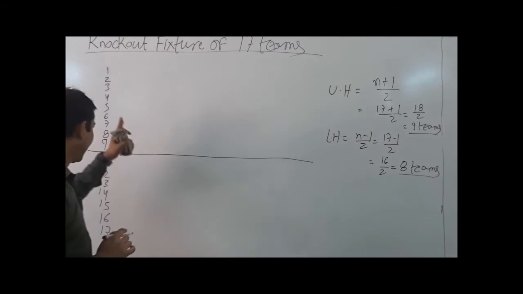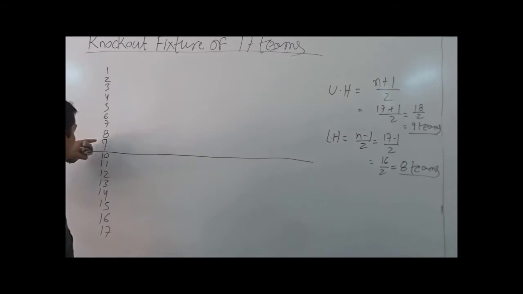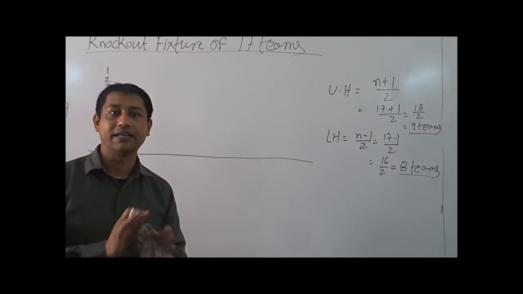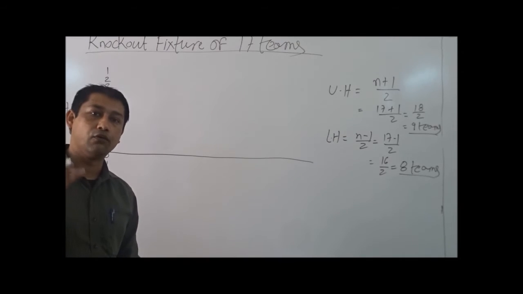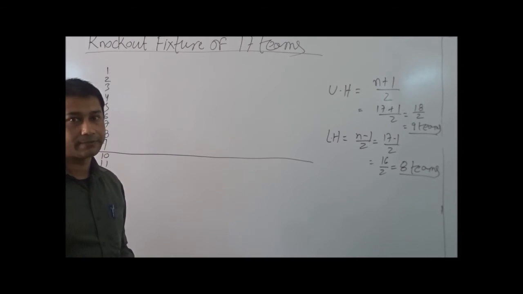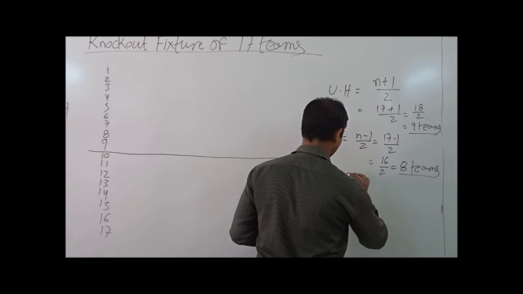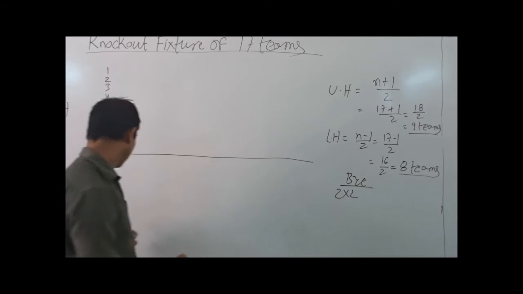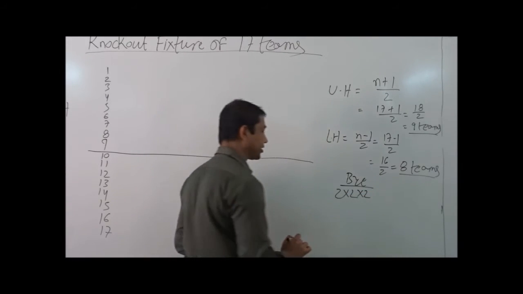Now we need to see whether the teams are paired or not. As we can see in upper half, 9 teams are there, so we can easily analyze that teams will not be paired. So when teams will not be paired, we need to use bye. Again, find out bye. 2 into 2, 4. 17 is greater. 4 into 2, 8.